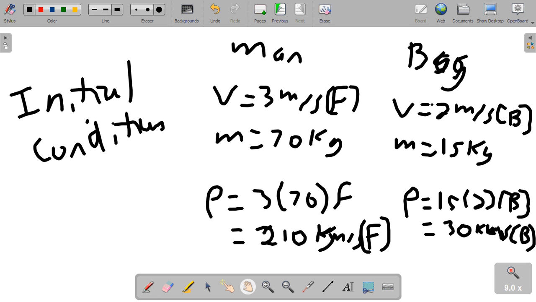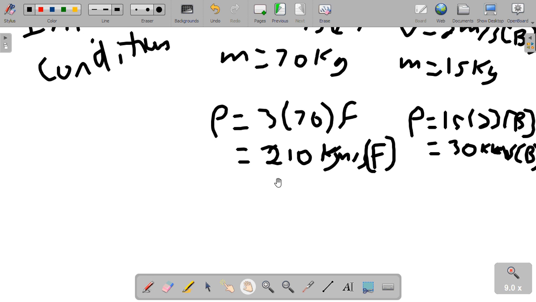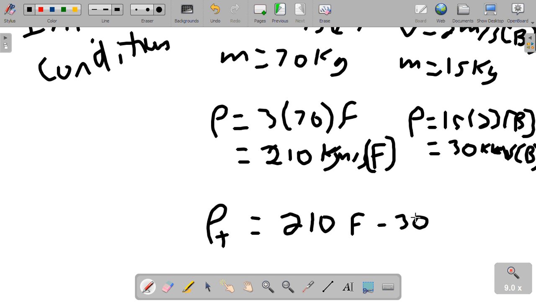So this system has a total momentum. Our total momentum is 210 forward and 30 back. So it's 180 kilogram meters per second forward. So this is 210 forward minus 30 forward.